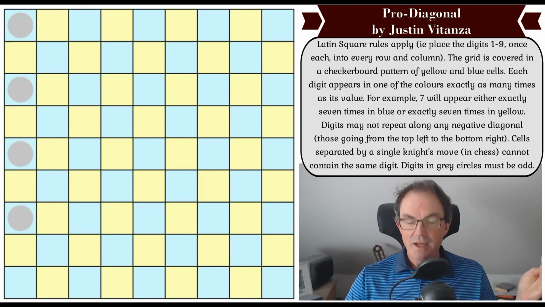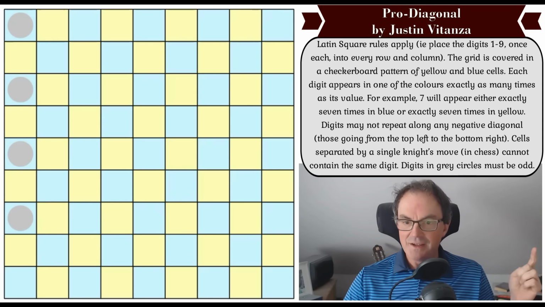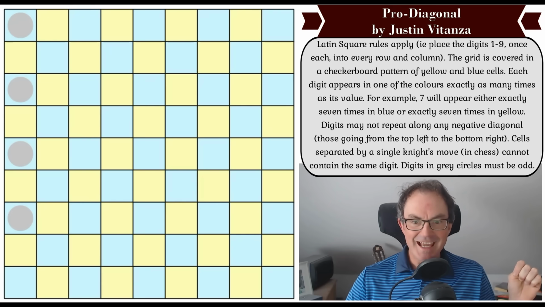Parity. Oh, I hope it's the thing I did the other day. The grid is covered in a checkerboard pattern of yellow and blue cells. Each digit appears in one of the colours exactly as many times as its value. For example, 7 will appear either exactly 7 times in blue or exactly 7 times in yellow.